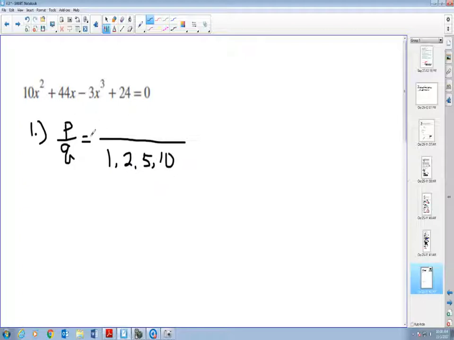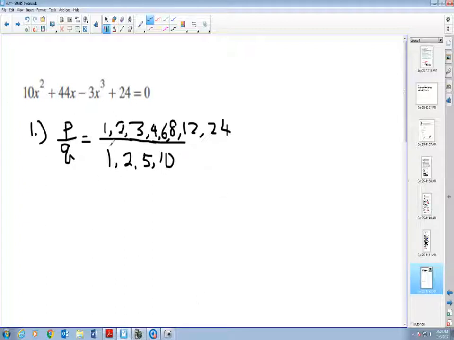Alright, the factors that make up 24. 1 times 24, 2 times what? 12. We'll put it back here. 3 times 8 and 4 times 6. Okay, so all these are my factors of the top. These are the factors of my Q.